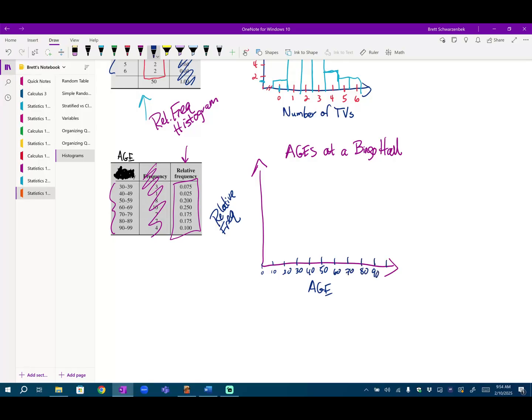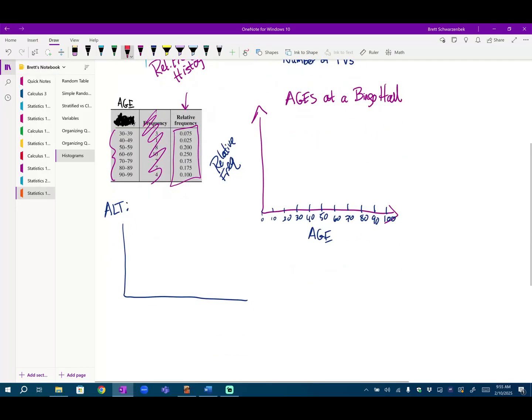Okay, that would be perfectly fine. There's no problem with that. But hypothetically, I'm going to write alt for alternative over here. We could take that axis and do something a little bit different. For example, we could start at the number 30 right here and just go 30, 40, 50, and so forth.